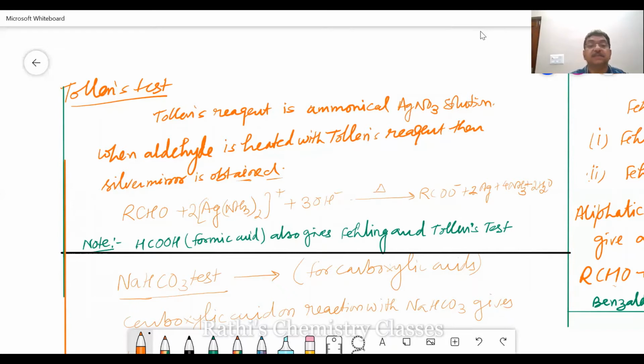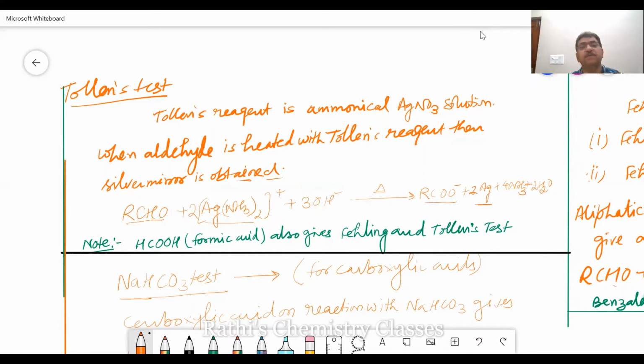The aldehyde gets oxidized to carboxylic acid and Tollens reagent is reduced to silver, which deposits by the side of the test tube. That is the Tollens test. One important point: all aldehydes give the Tollens test.